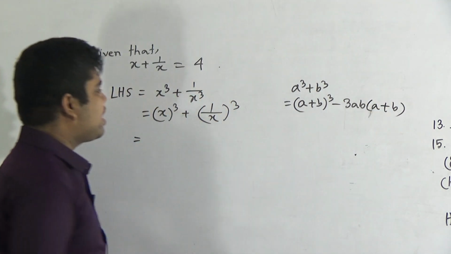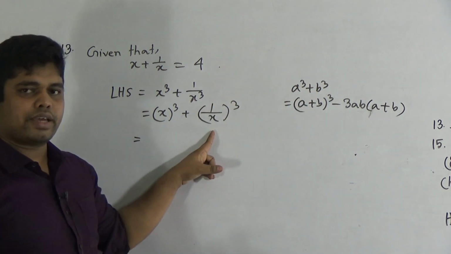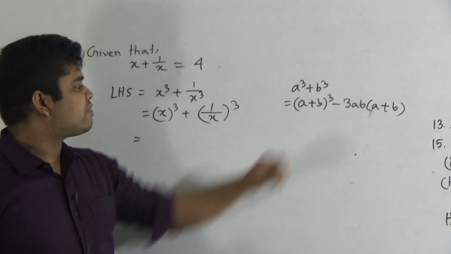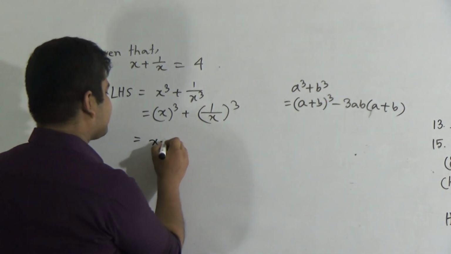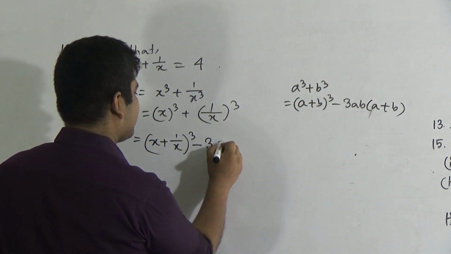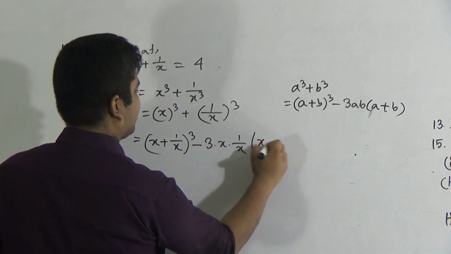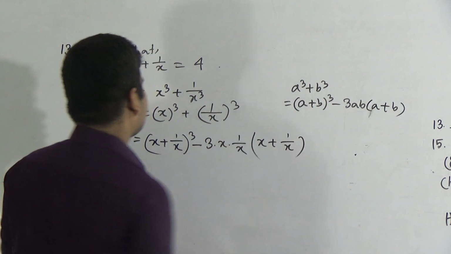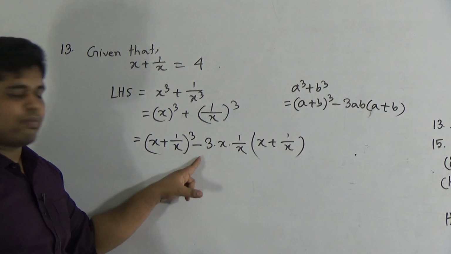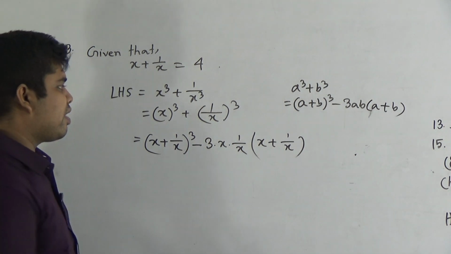Dear students, here a means x and b means 1 by x. So from this formula we can write x plus 1 by x whole cube minus 3 into x into 1 by x into x plus 1 by x. That is a plus b whole cube minus 3ab into a plus b. I hope you have understood.